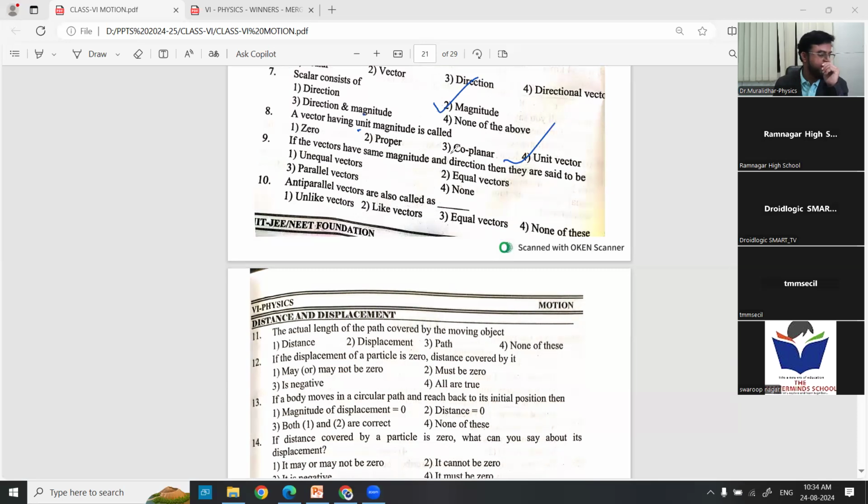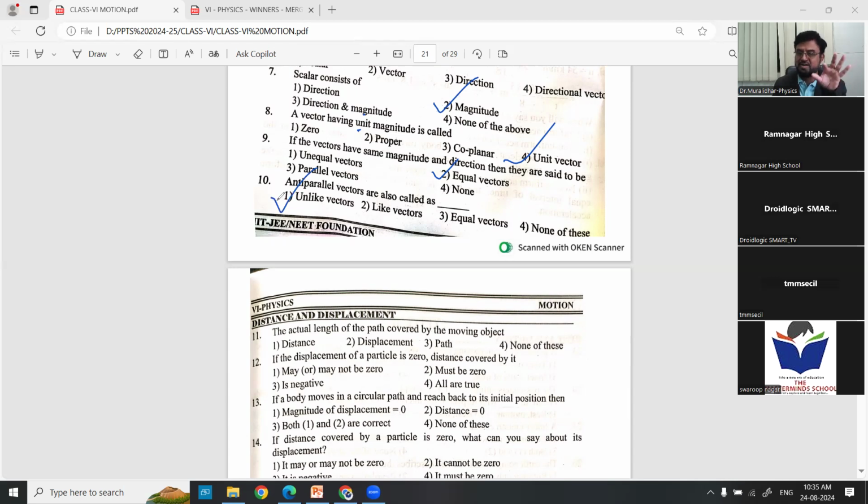Right? Okay? Next. If the vectors have the same magnitude and direction, they are called equal vectors. I said just now, same magnitude and same direction, so definitely they are equal. Anti-parallel vectors are also called unlike vectors.